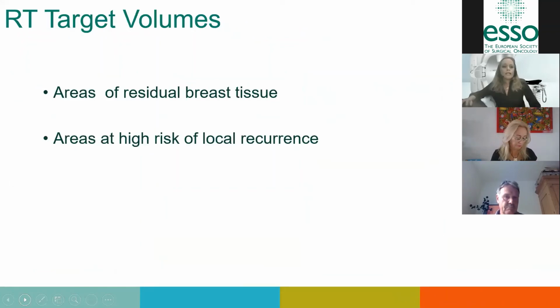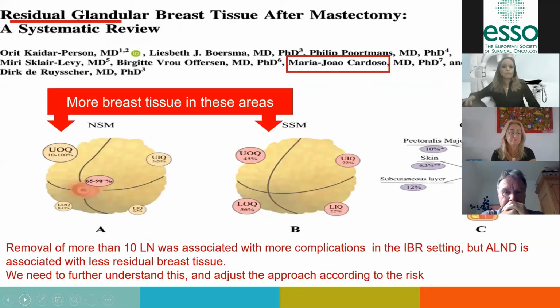And as a radiation oncologist, I'm interested in the areas that are my target volumes, and those are the areas of residual breast tissue and high-risk local recurrence. And in this systematic review, we summarize the areas of residual glandular tissue according to the different types of mastectomies.